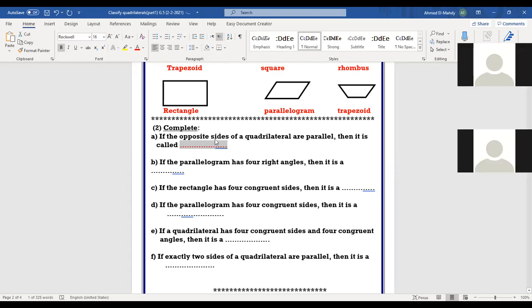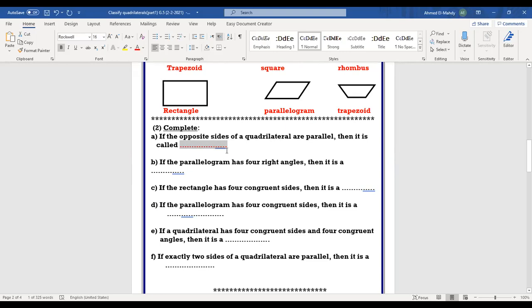If the opposite sides of a quadrilateral are parallel, then it is a what? All of them have each two opposite sides parallel. But concentrate, everyone: the head of this family is the parallelogram. All of them are parallelograms.